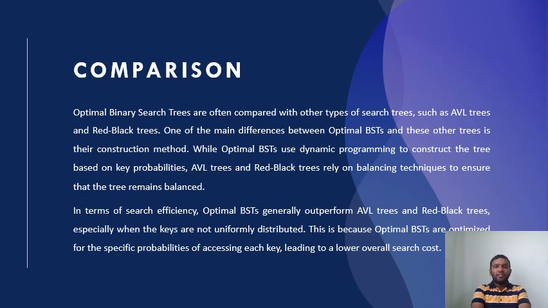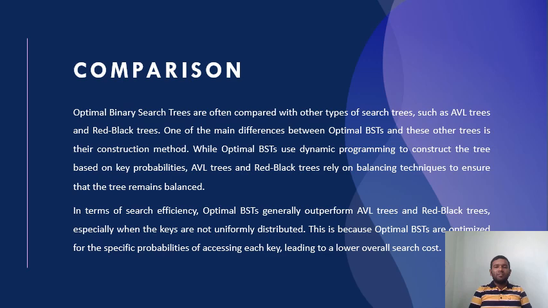Let us compare binary search trees. Optimal BSTs are often compared with other types of search trees, such as AVL trees and red-black trees. One of the main differences between optimal BSTs and these other trees is the construction method. While optimal BSTs use dynamic programming to construct the tree based on key probabilities, AVL trees and red-black trees rely on balancing techniques to ensure that the tree remains balanced.